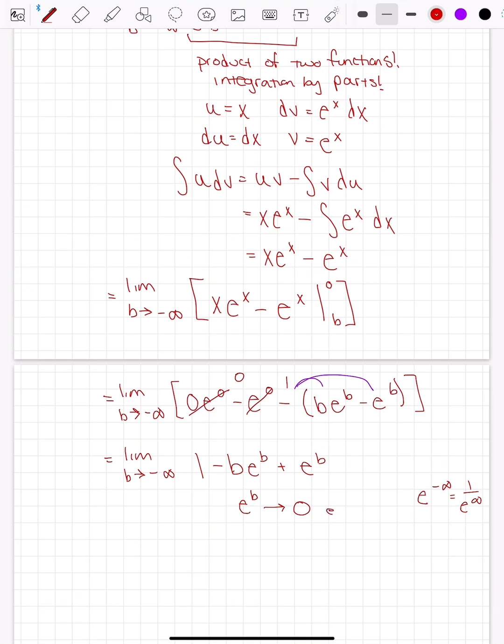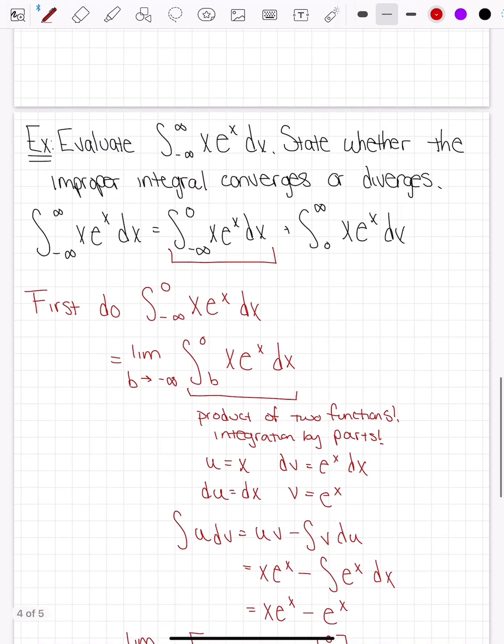This is as b goes to negative infinity. So then this equals, I almost dropped this negative sign here, negative 1 minus 0 plus 0. So this is just equal to negative 1. So this first integral converged.